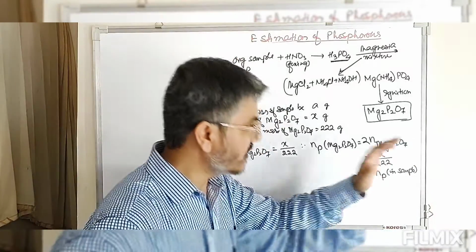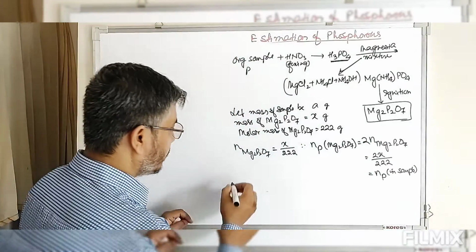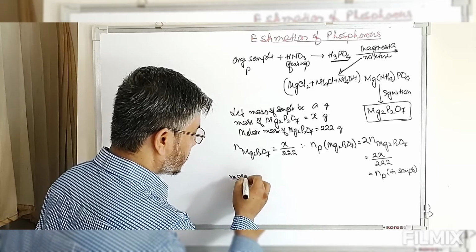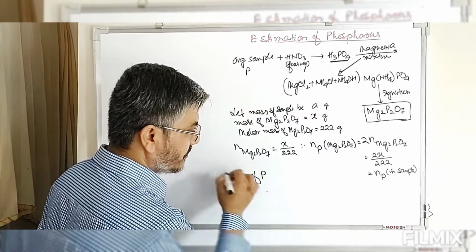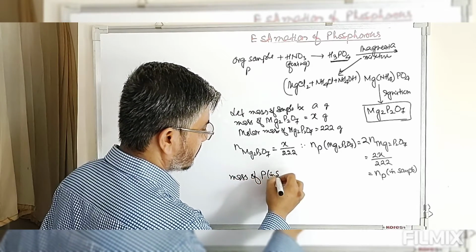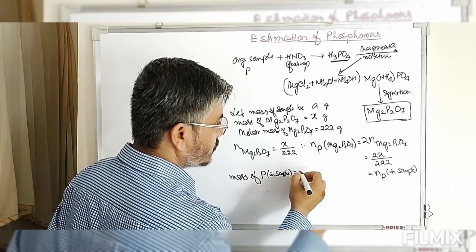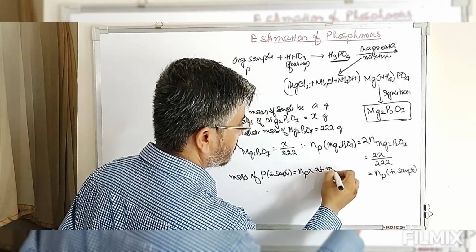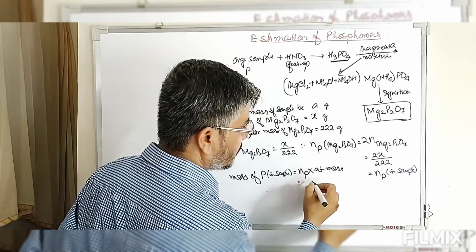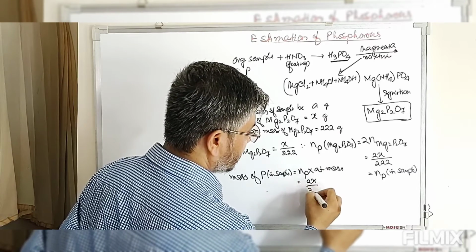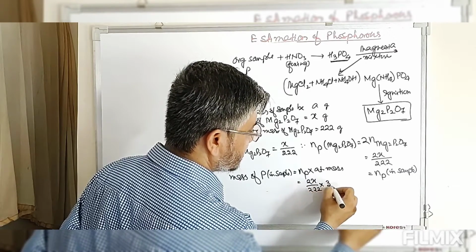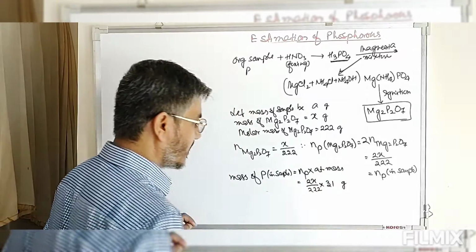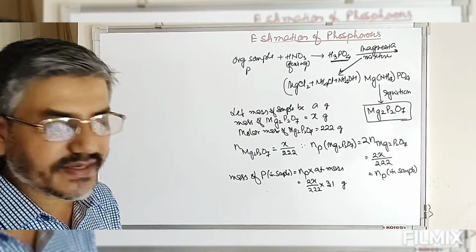Therefore the mass of phosphorus in the sample is equal to the number of moles of phosphorus times the atomic mass. The number of moles of phosphorus is twice X by 222, and the atomic mass is 31.